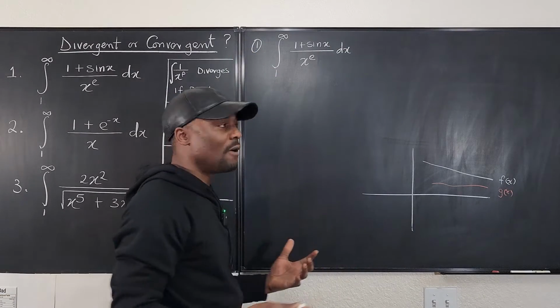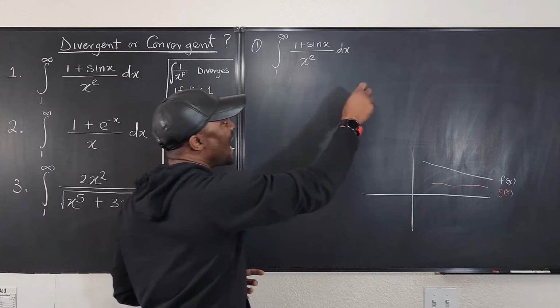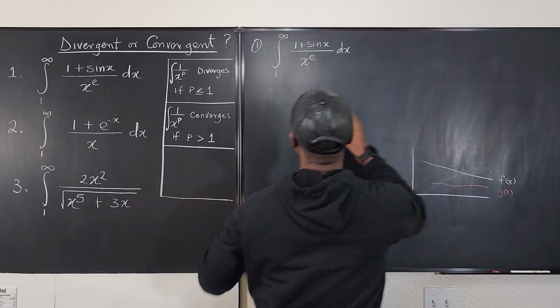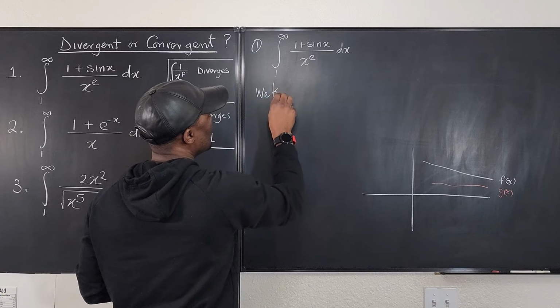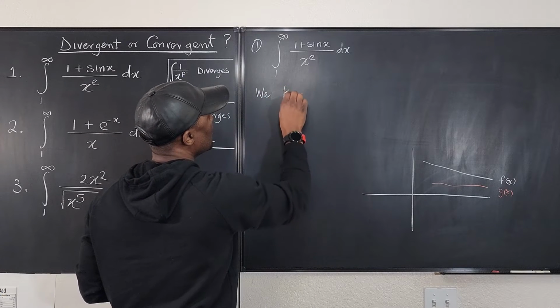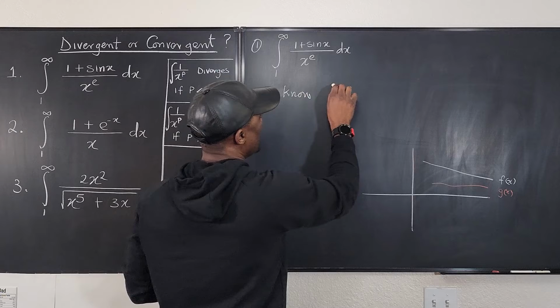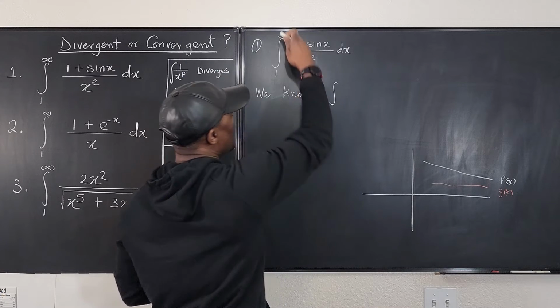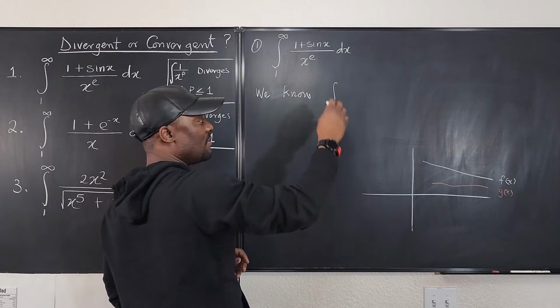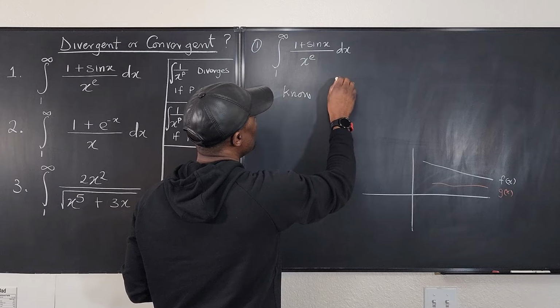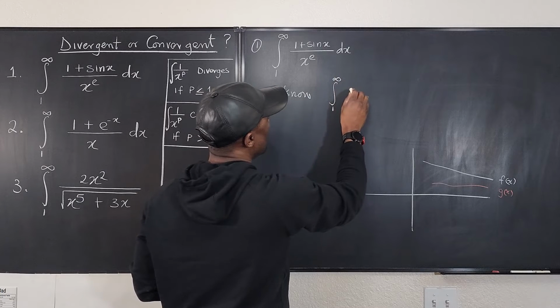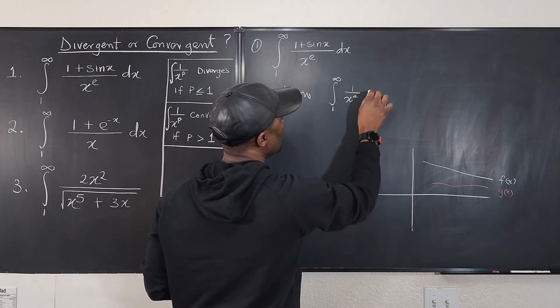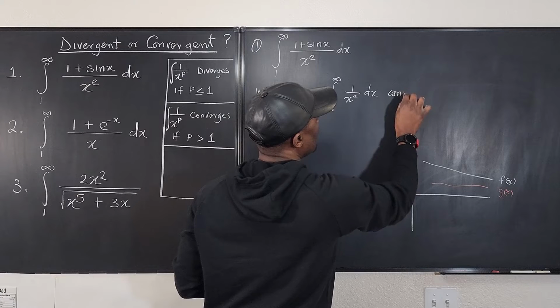Now, what do we know? Based on what I've said, we know that the integral, I'm not going to put the boundaries, just know that I'm going to infinity, then let's just write it. Integral from 1 to infinity of 1 over x to the e dx converges.